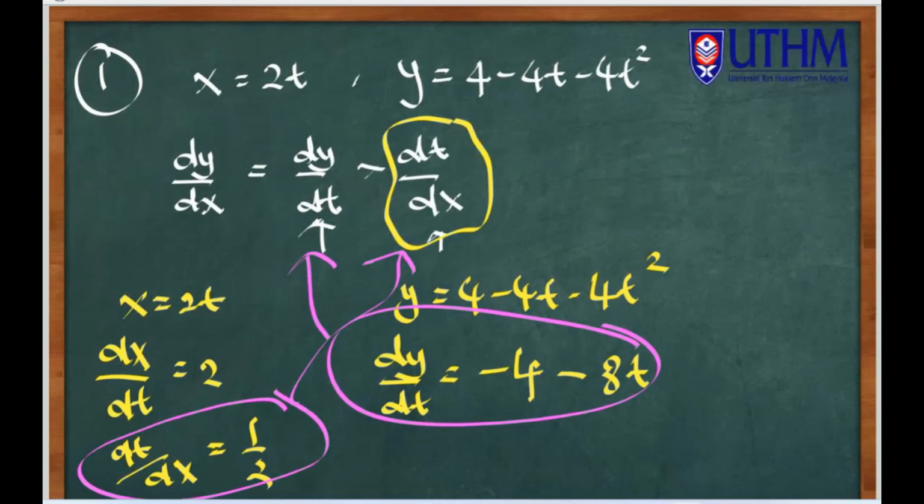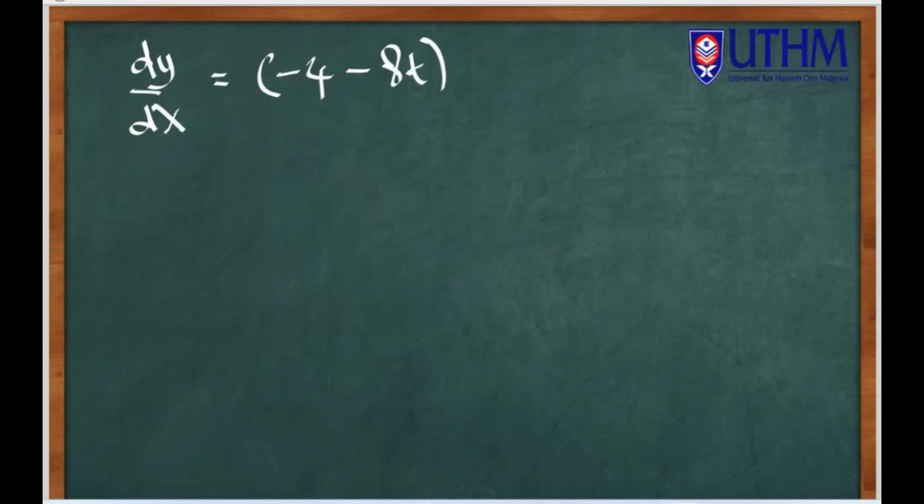So dy over dx, dy/dt we already obtained negative 4 minus 8t, times dt/dx, which is 1 over 2, and finally the answer will be negative 4t minus 2.